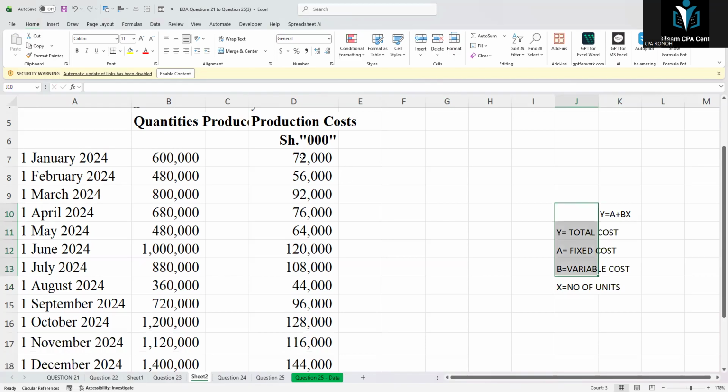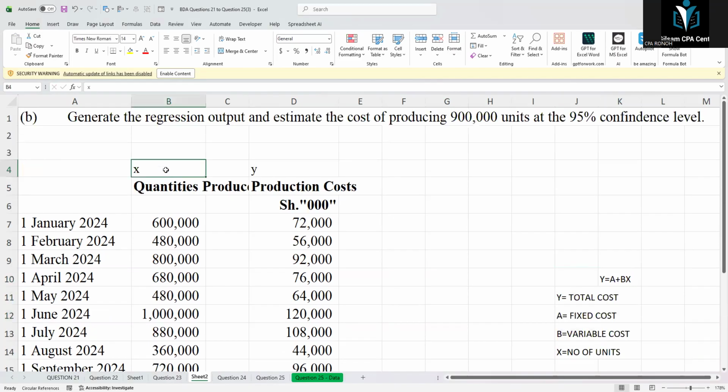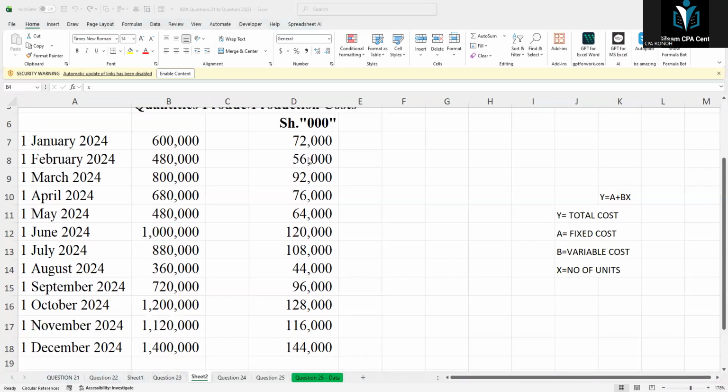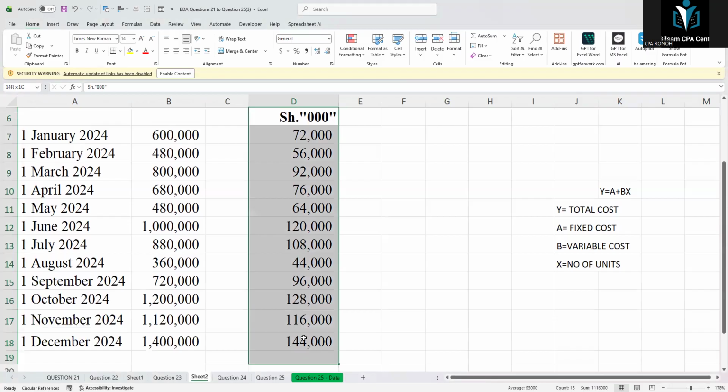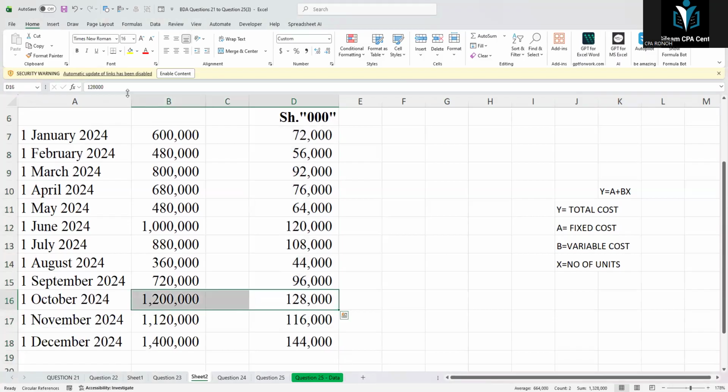So in this question, we have y and x. We can identify the highest cost in y. If we check the highest cost here, it is 128 with the corresponding number of units, which is 1.2.